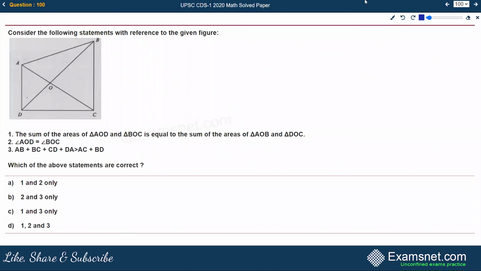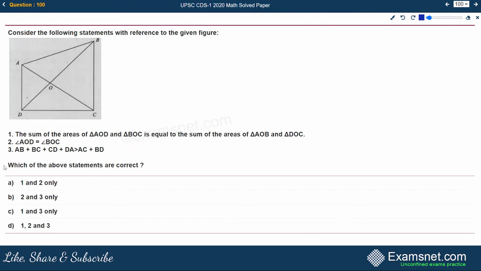In question number 100, we are given: consider the following statements with reference to the given figure. Here we are given a trapezium ABCD, with AC and BD as diagonals meeting each other at the point O. Three statements are given to us.